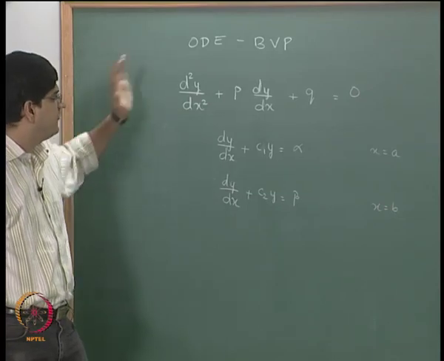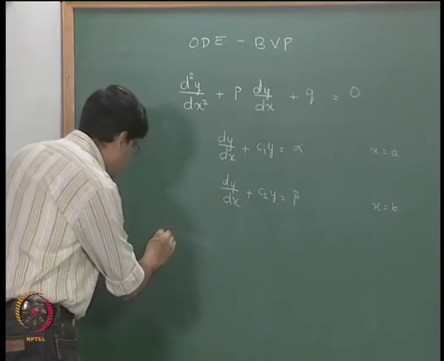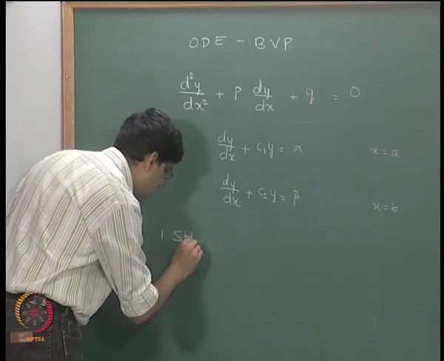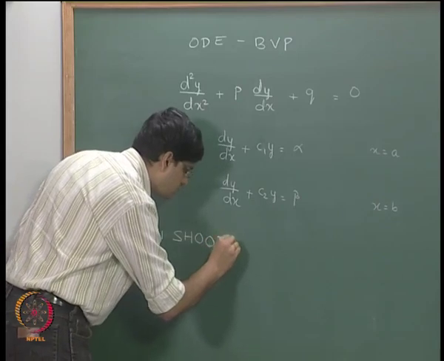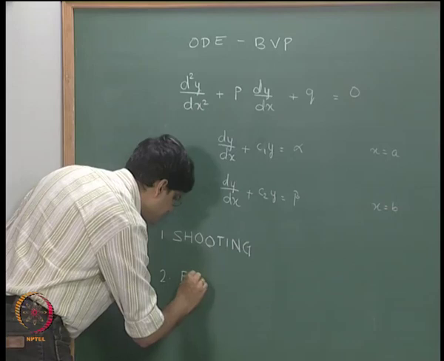So this is the governing equation and these are the two boundary conditions. We are going to solve this general problem using the shooting method or using finite differences.